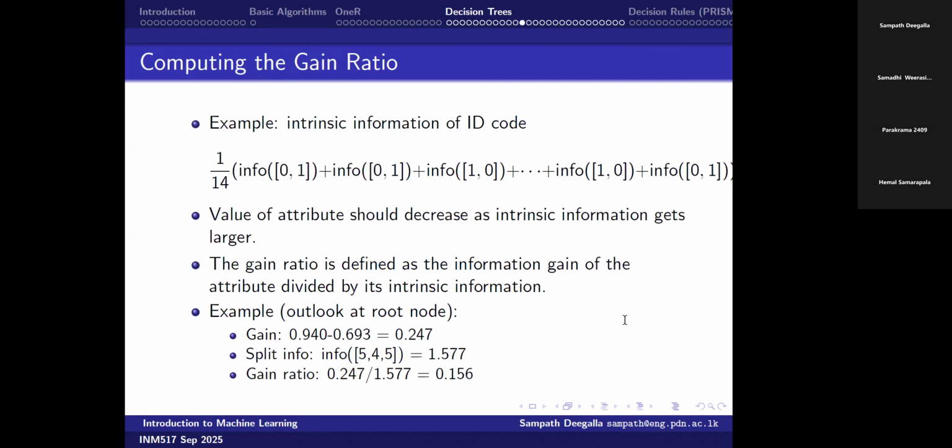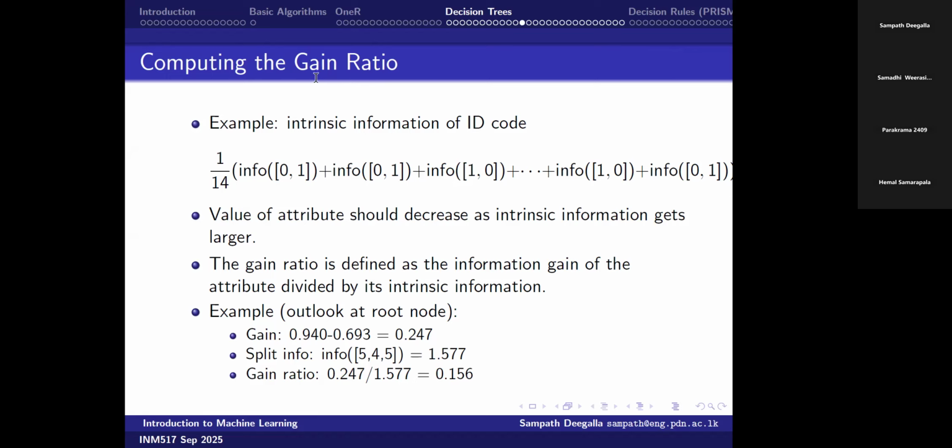So in this particular case, if you have an ID-like attribute, we still have this issue. You are not getting any update from this, but if you see in the Outlook, you can calculate the gain ratio in this particular example.